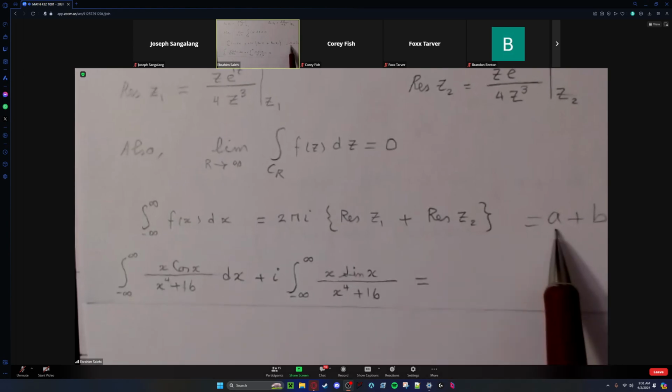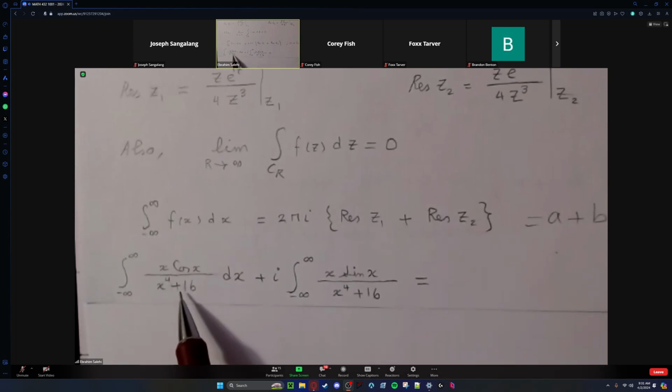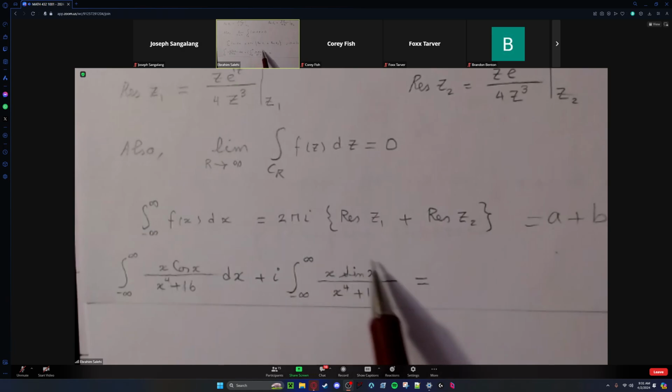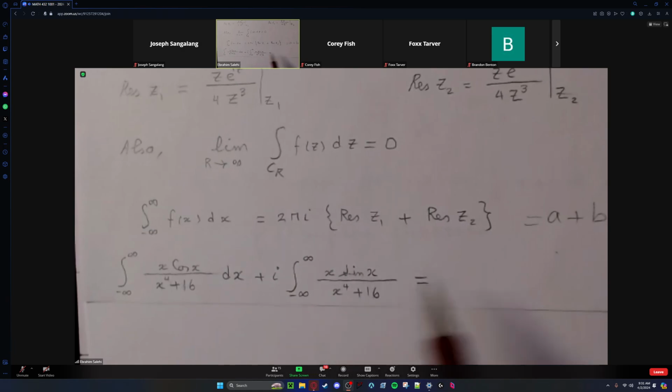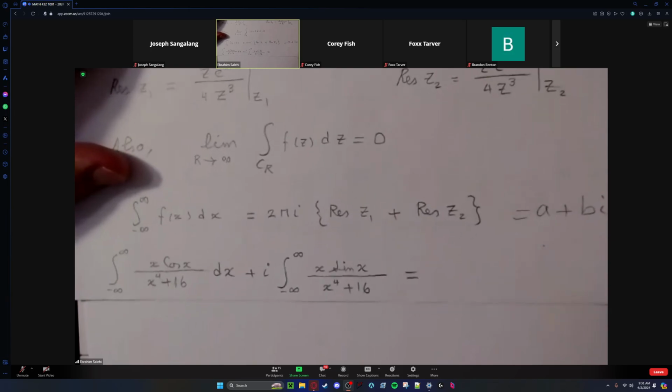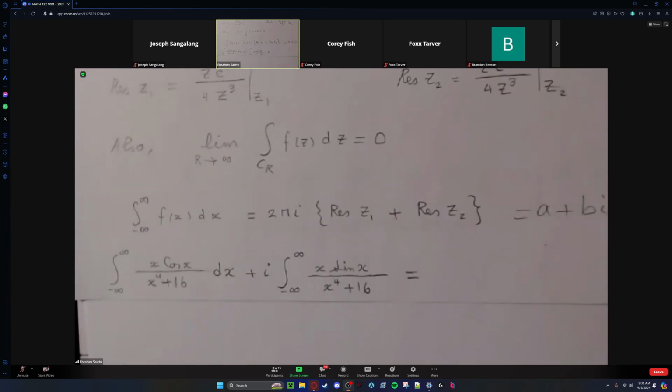So the real part, a, will be this part. Then the value attached to sine x will be b. So that is how, in this process, we get the value for both of them. All right. Any other question?